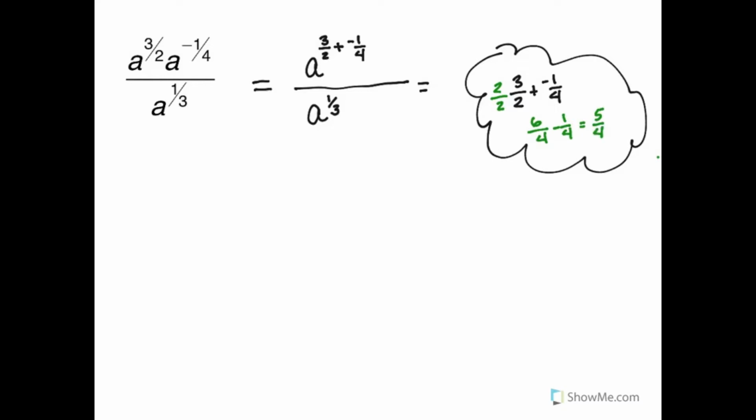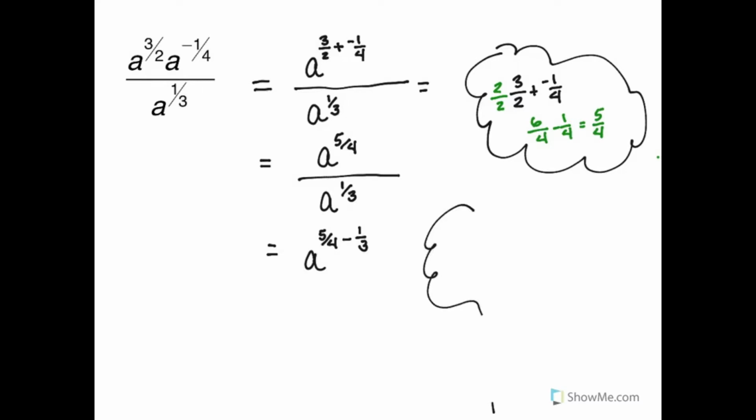So in the numerator, I have a to the 5/4 power, and in the denominator, a to the 1/3 power. Well, when I divide, I subtract the exponents, so that's a to the 5/4 minus 1/3.